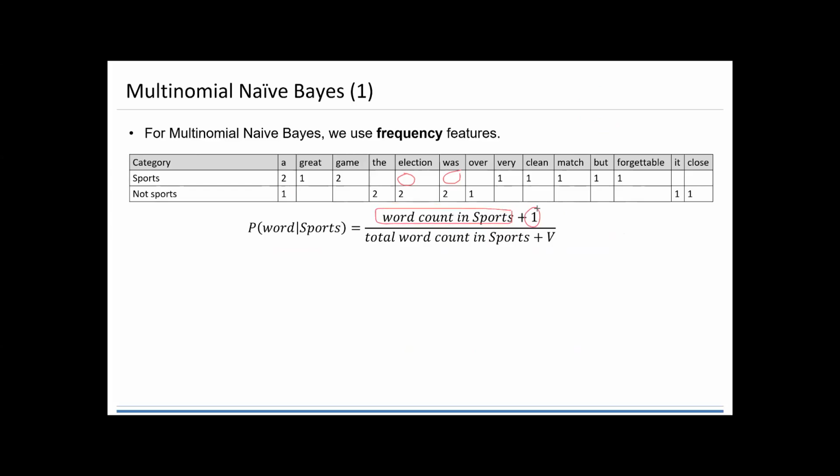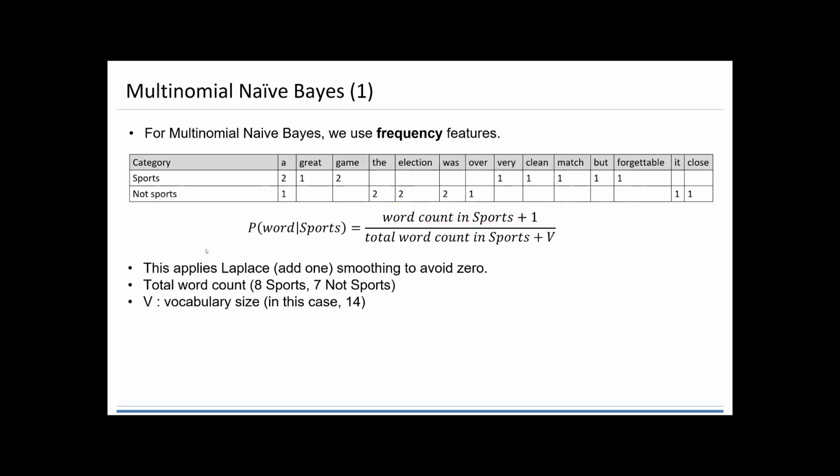So there is a small possibility, and we will need to add the V. V is the number of the unique words. So this applies Laplace add-1 smoothing to avoid 0.